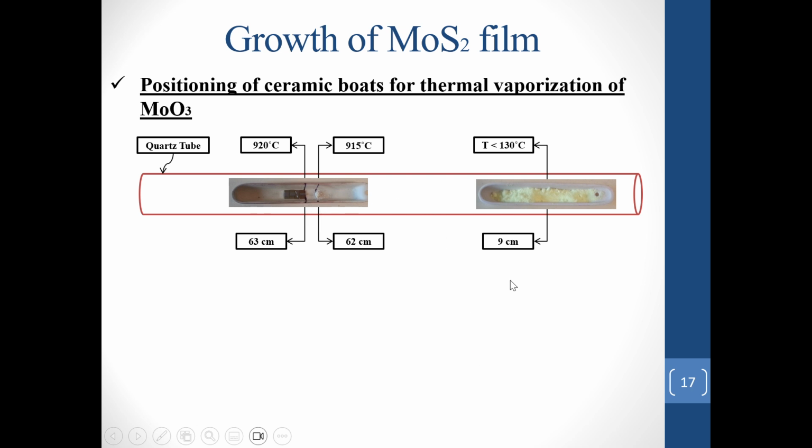Okay, and the sulfur powder is placed at a temperature where it does not evaporate initially. We just have to evaporate the MoO3 precursor first of all. So these temperature positions are ideal for this.